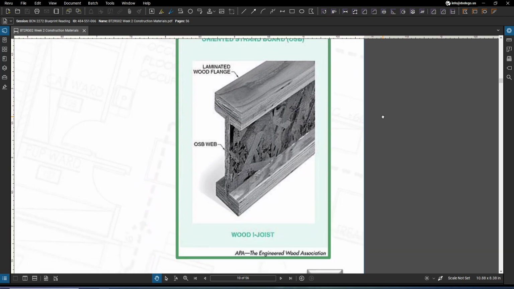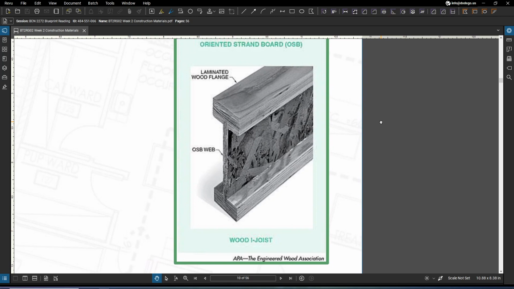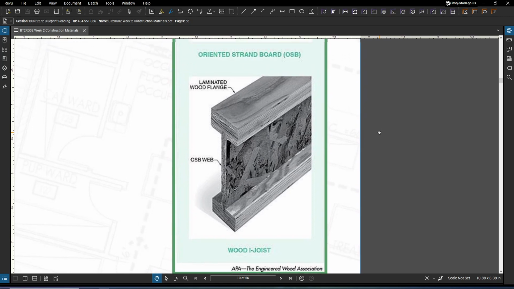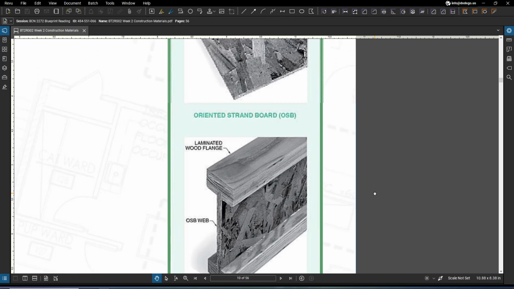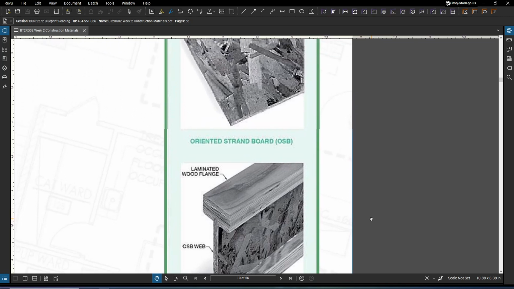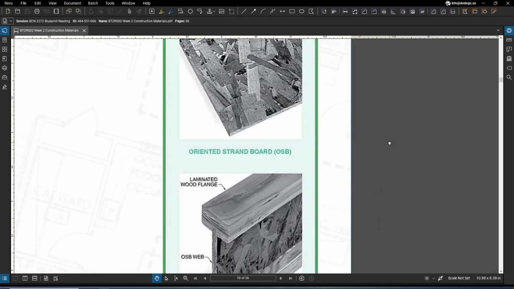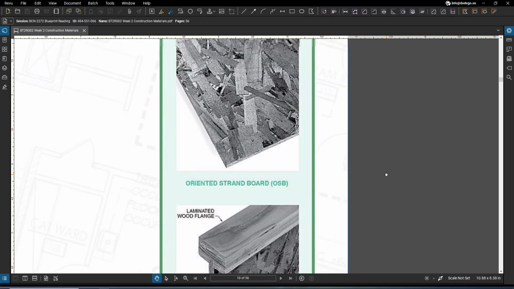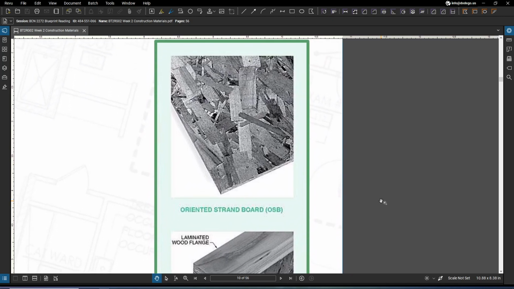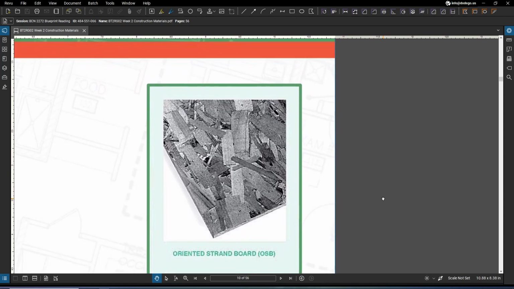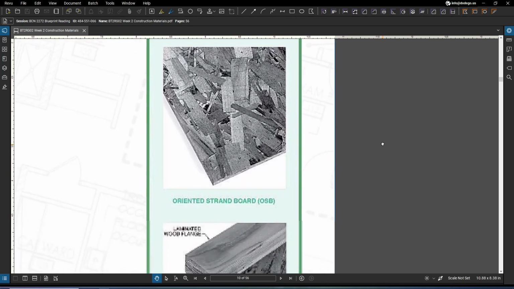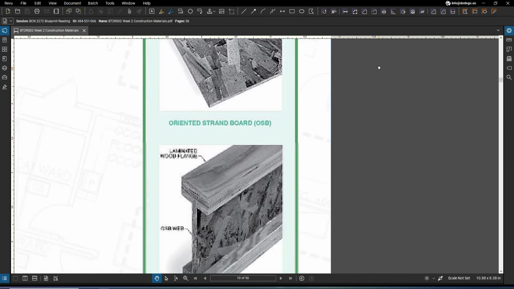Now, OSB panels are composed of an odd number of layers running in the same direction as plywood plies. And our OSB panels are available in thicknesses ranging anywhere from 5/16 of an inch to 1 1/8 of an inch, and are commonly used for subfloors and walls and also roof sheathing.